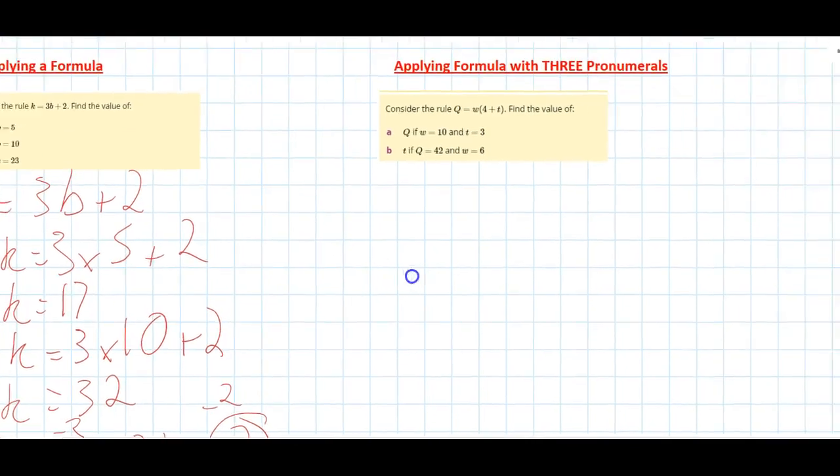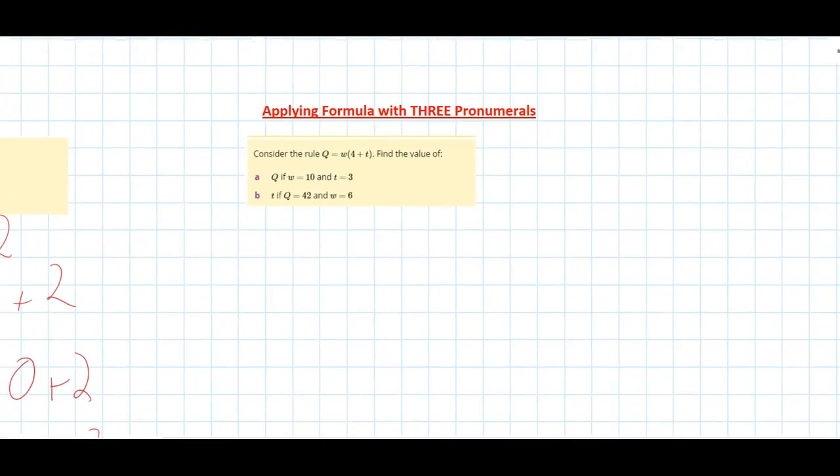Next, we're going to look at a formula with 3 pronumerals. So we have a number of different parts we need to add in here. Firstly, write out the formula. Q equals W in brackets 4 plus T. And we want to find the value of Q in part A, if W was 10 and T was 3.